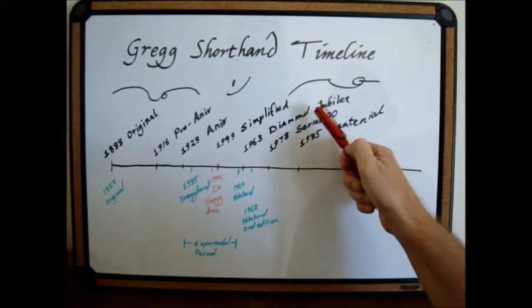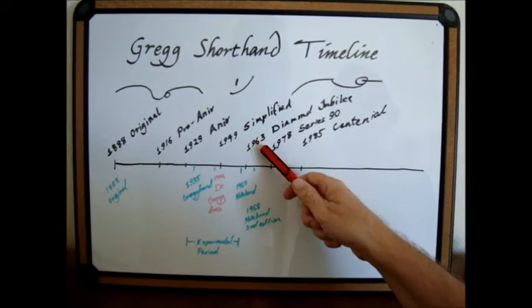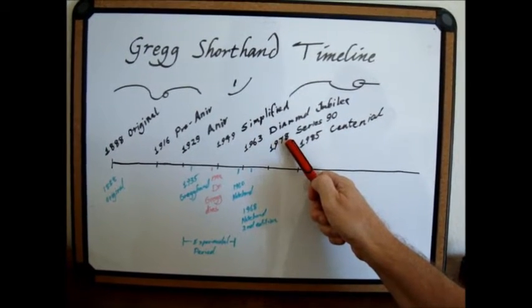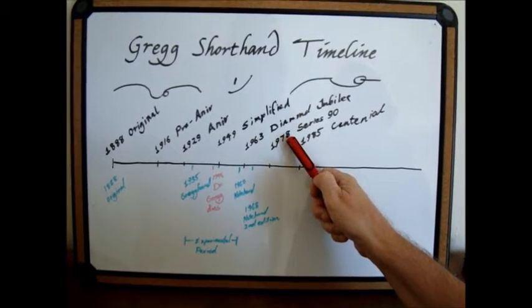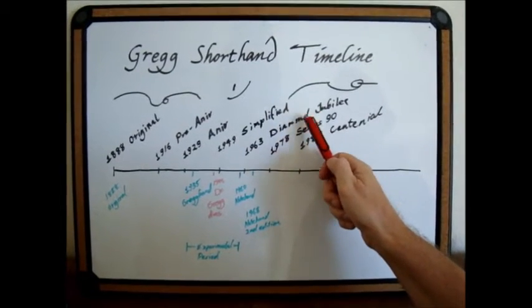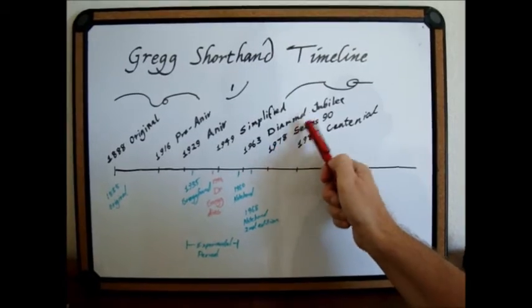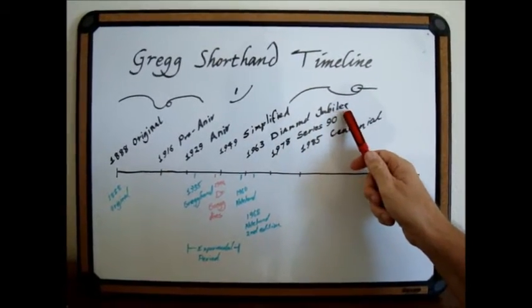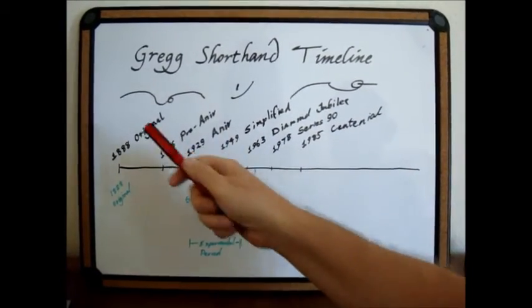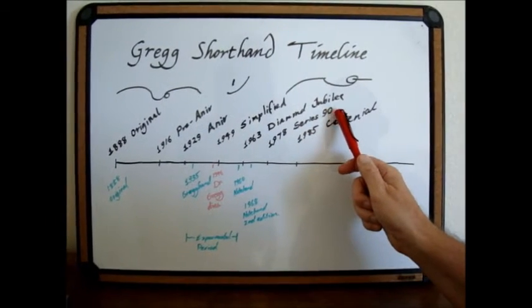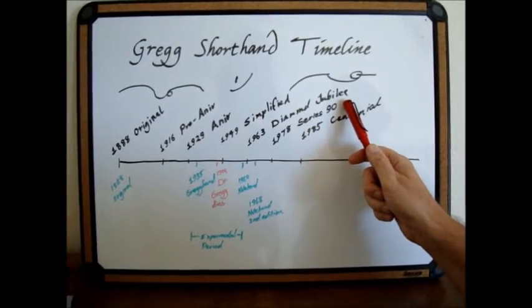We saw further simplifications in 1963 and 1978, and 2 other versions focused towards business use, again limiting the number of abbreviations. Series 90 had probably the fewest abbreviations of any of these except for the original, and that's when shorthand was pretty much dying out.